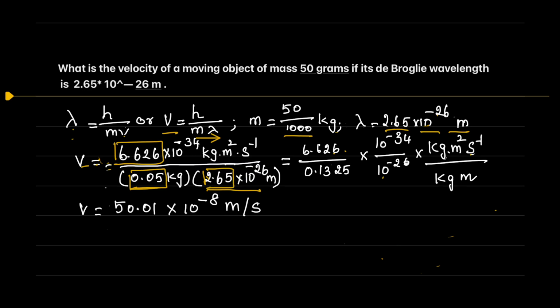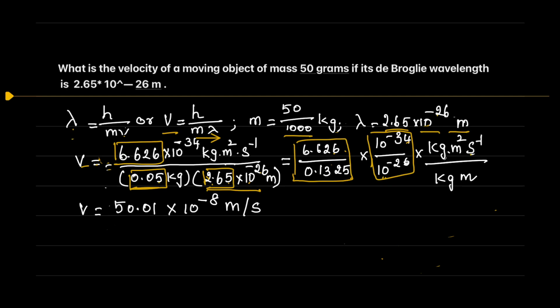When we simplify the denominator, that is 0.05 into 2.65, we get 0.1325, and the numerical part becomes 6.626 divided by 0.1325. The exponential part is 10 raised to the power of minus 34 divided by 10 raised to the power of minus 26. On simplification, this exponential part becomes 10 raised to the power of minus 8.